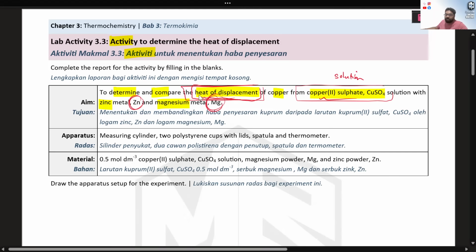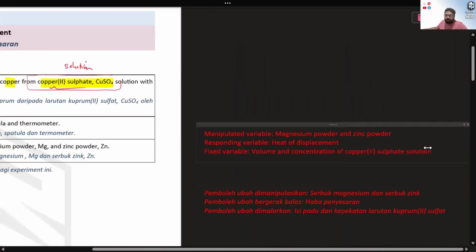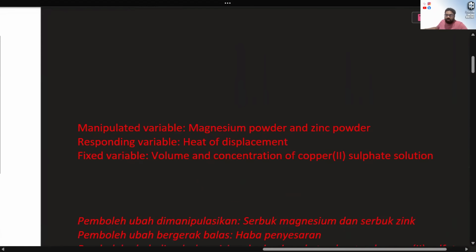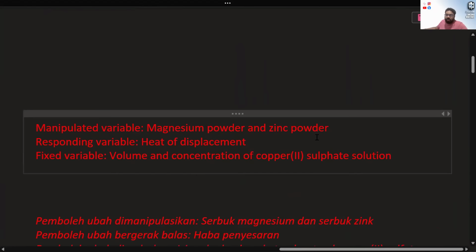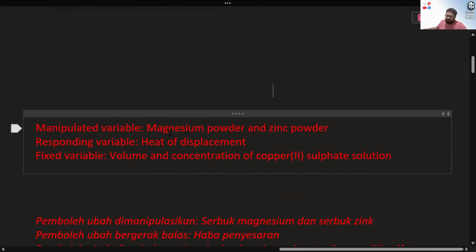All right. So this is just an example here. You can see this manipulated variable here. Now, if you're not sure about the classification, let's say you wanted to put type of metal, but you're not sure because you're using magnesium and zinc, you can write your manipulated variable in this manner.